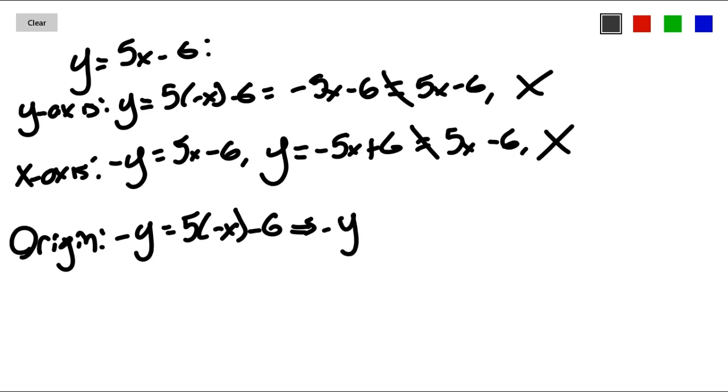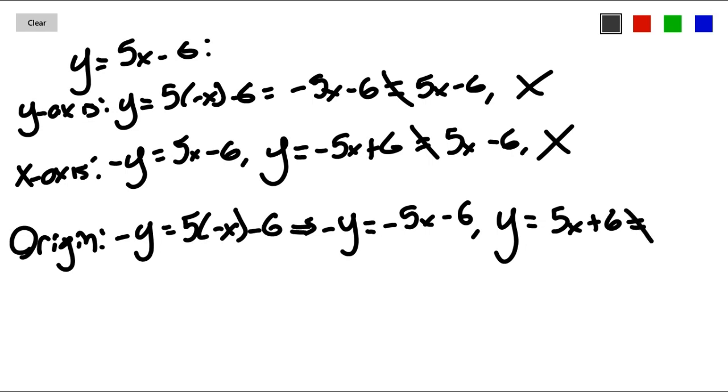So I have negative y is equal to negative 5x minus 6, and then divide through by the negative to get y is equal to 5x plus 6. And this is not the same as the original function either, because the signs in front of the 6's are different. So there's no origin symmetry. And since there's no symmetry about any of the axes nor the origin, the function has no symmetry.